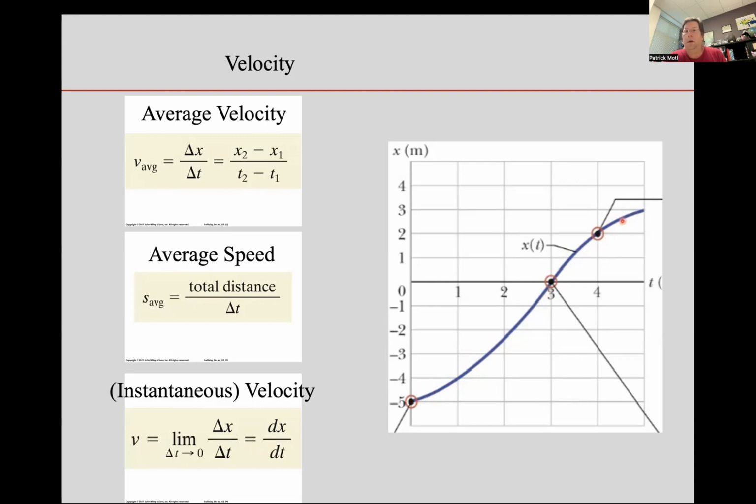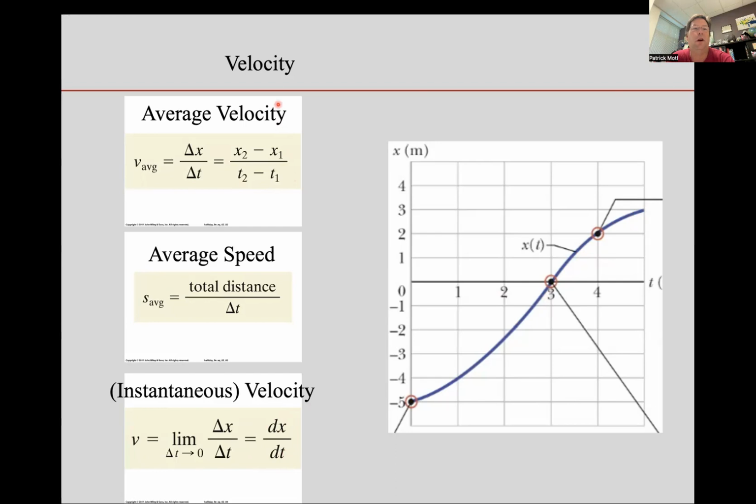So at any point where I want to know the velocity, I go to the plot of position versus time, and at that time I just construct the tangent to the curve. The slope of that tangent line is the velocity. So this is what calculus was invented for. The velocity is the first derivative of position with respect to time.